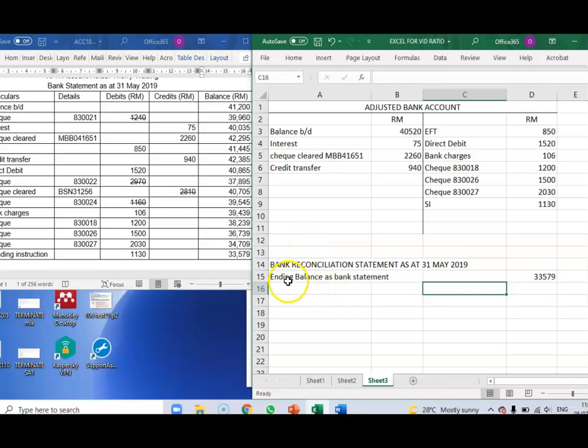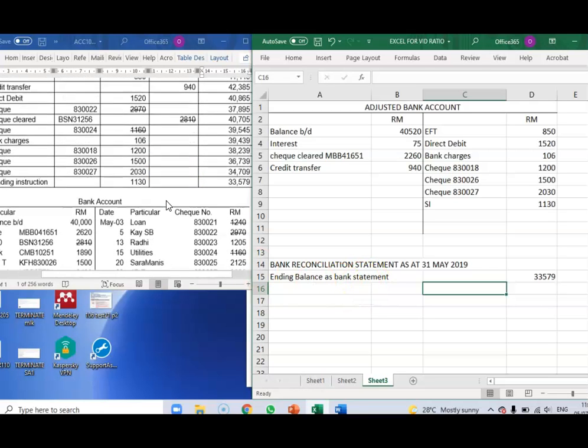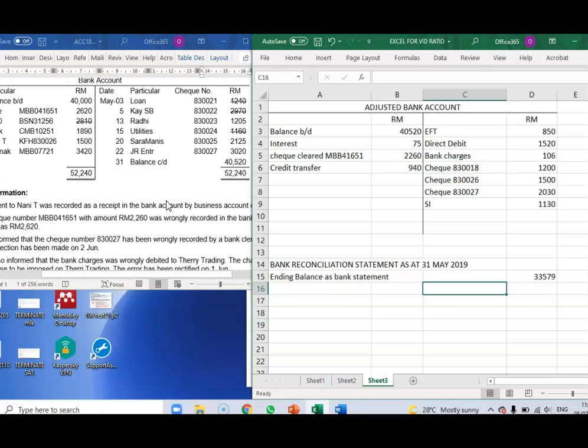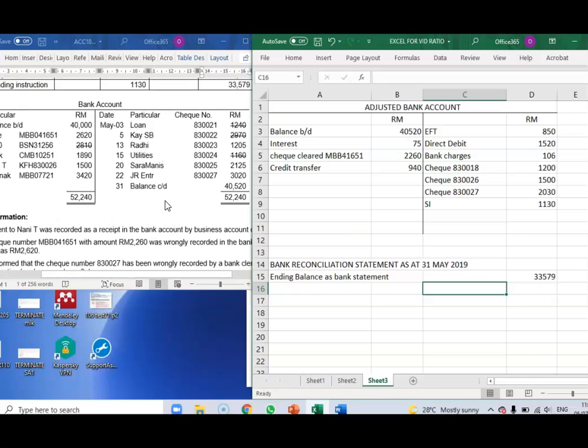And after you get the data of the ending balance of the bank statement, you need to close your bank statement. Do not look at your bank statement anymore. You need to stop looking at the bank statement, because we need the data from the bank account, not the bank statement.